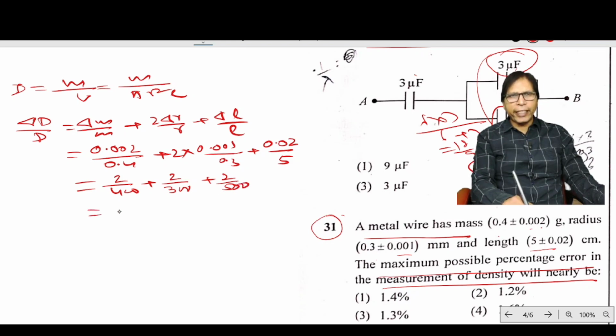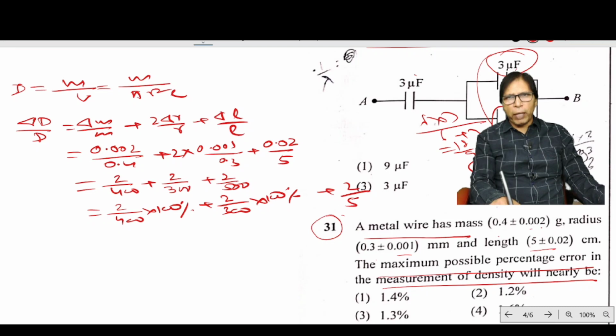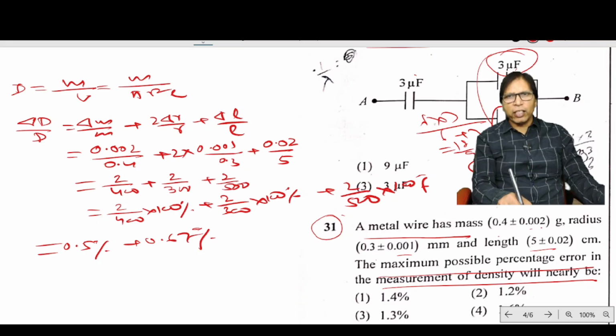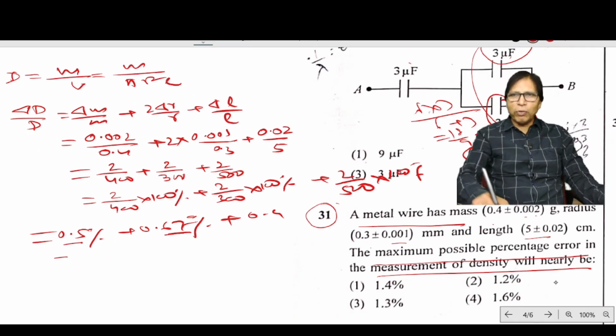Now what is the percentage error? 2 by 400 × 100, 2 by 300 × 100, 2 by 500 × 100%. So this is 0.5%, this is 0.67%, this is 0.4%. Now 0.4 plus 0.5 is 0.9, 0.9 plus 0.7, so this is 1.6. Option 4 is correct.